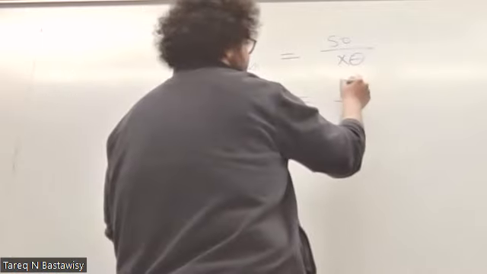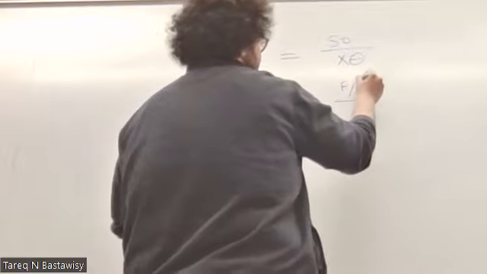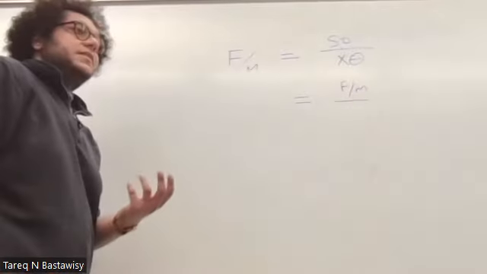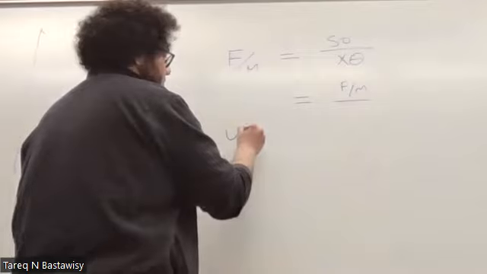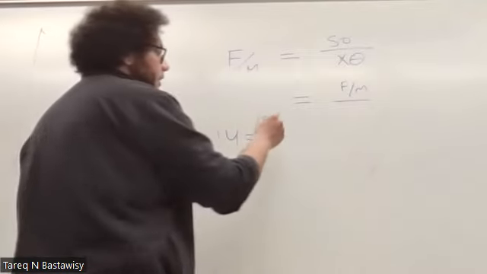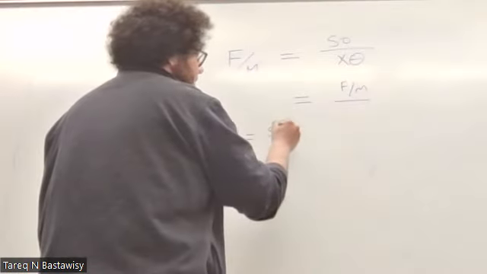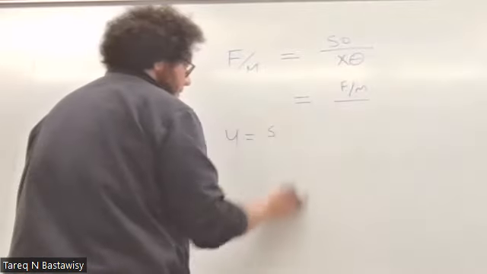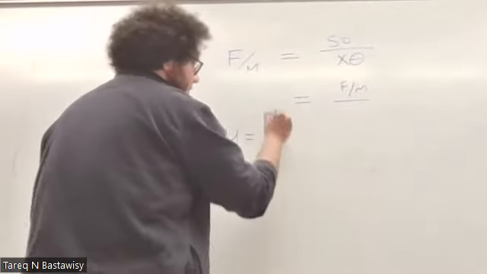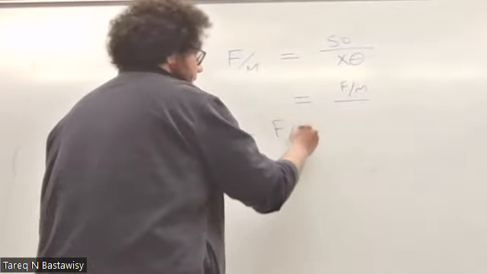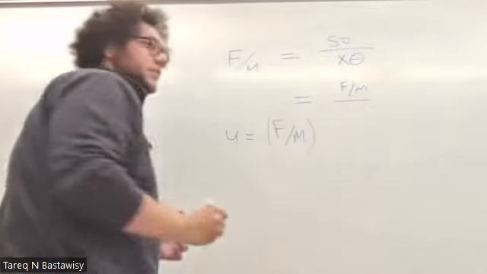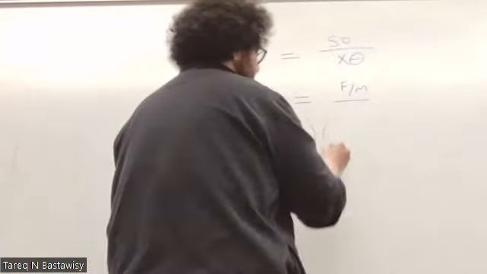So let's call this value F over M. What is specific utilization? Call it U. It's also F/M, start with F/M. But because it's a specific utilization, this is where the difference comes in.